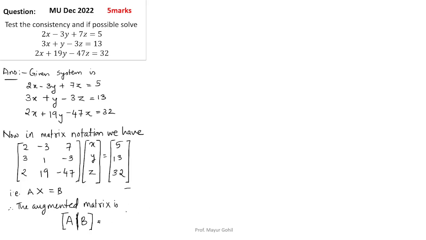Here it is 2 3 2, minus 3 1 19, 7 minus 3 minus 47, and then you would have 5, 13 and 32. That's it. This is what we have.